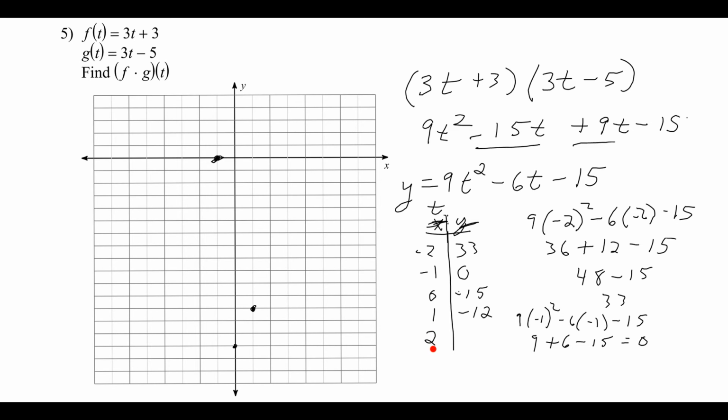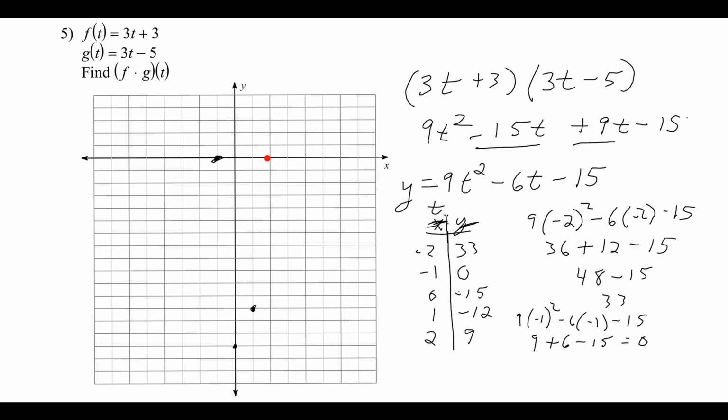So 2. If I put a 2 in here, I get 4. 9 times 4 is 36. 36 minus 12 is 24. And 24 minus 15 is 9. So it's going to be a 9. All right, so we have the 2, 9. That one's going to be off the graph again.